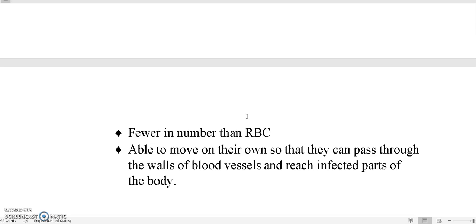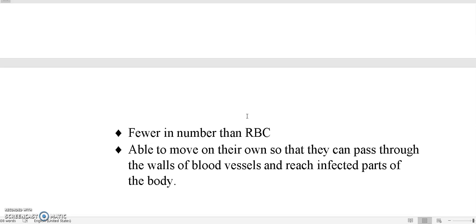Then very important point is that they are able to move on their own. Now why is it so? See, we know that the main function of WBC is to fight against disease causing bacteria, right? So naturally we don't know in which organ or in which part of the body the disease causing bacteria would come.